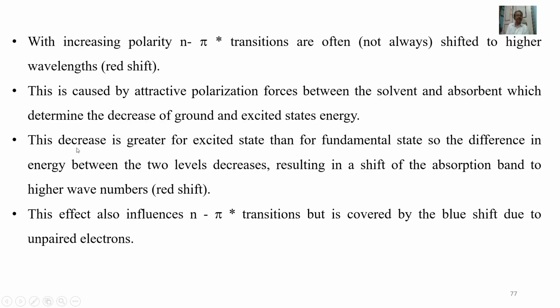This decrease is greater for the excited state than for the fundamental state, so the difference in energy between the two levels decreases, resulting in a shift of the absorption band to higher wavelengths. That's called redshift. This effect can influence n to pi star transitions, but is covered by the blue shift due to unpaired electrons.